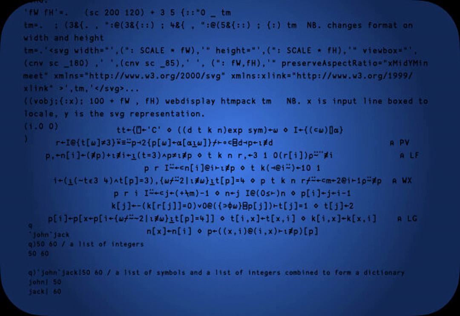So in K4, when dictionaries became permeable, it was, wow, this is fantastic. This is tremendously liberating, and it is. It's a wonderful idea. The idea that you could flip a dictionary, is that right?